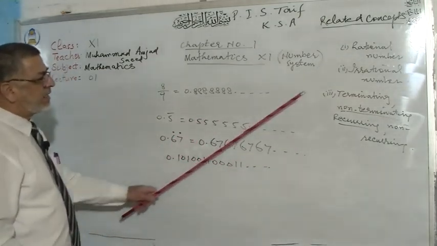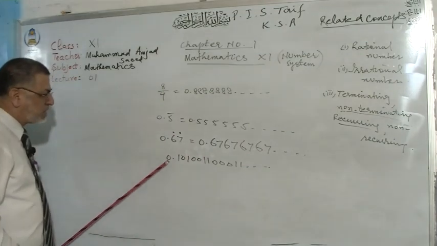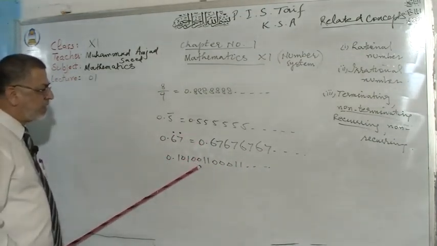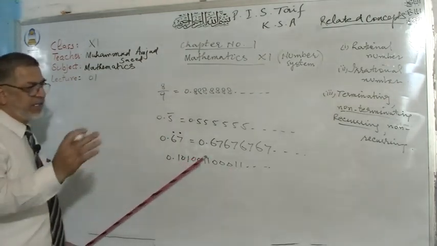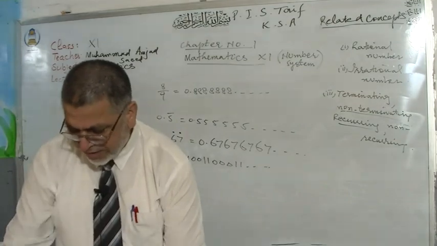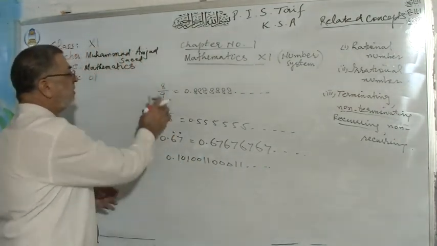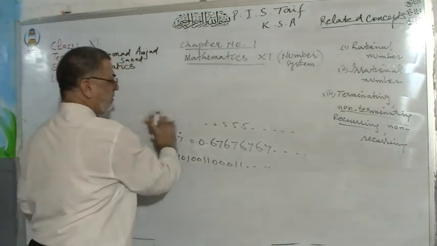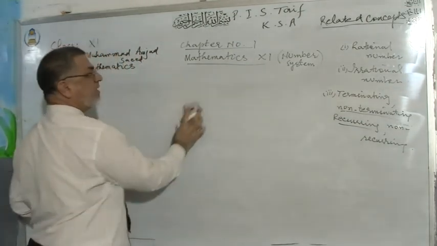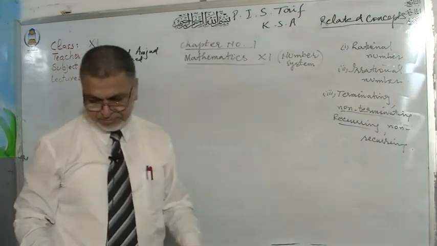And non-recurring are those which are not having any order and not continuously repeated. Sometimes there is a difference between them. So that was your idea about your number system, which is used in chapter number 1.